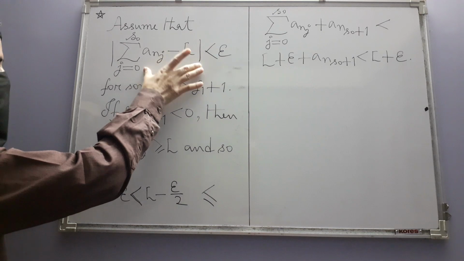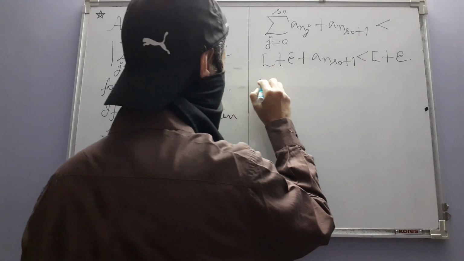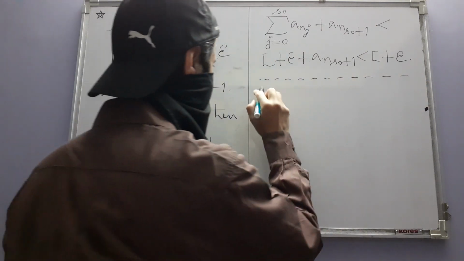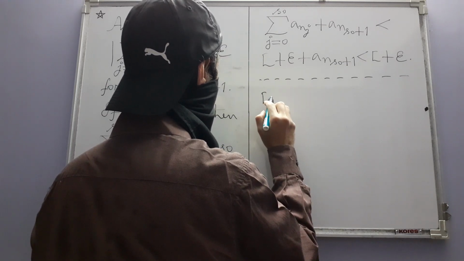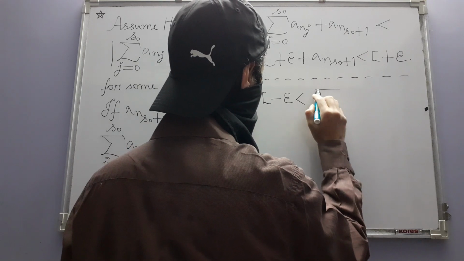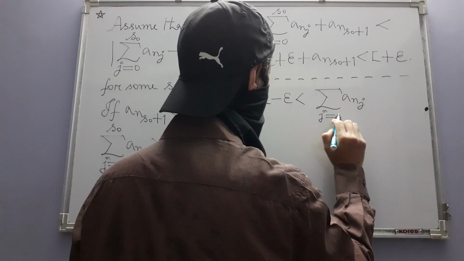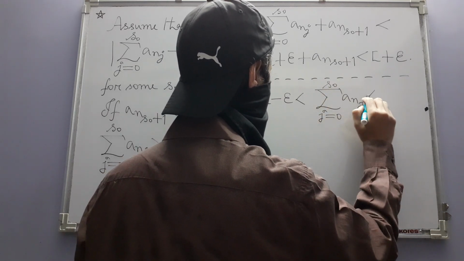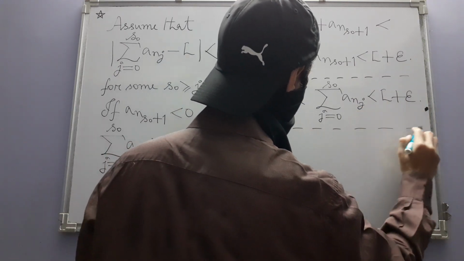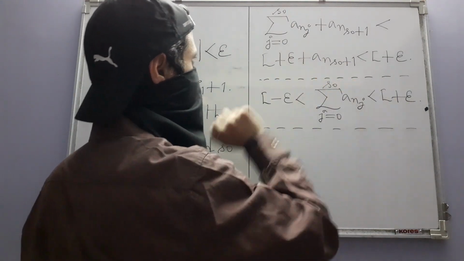Now if you write this induction hypothesis, this is something we have assumed, without using absolute value, then it would look like this: L minus epsilon is less than this sum, which is less than L plus epsilon. So that means this sum is less than L plus epsilon.